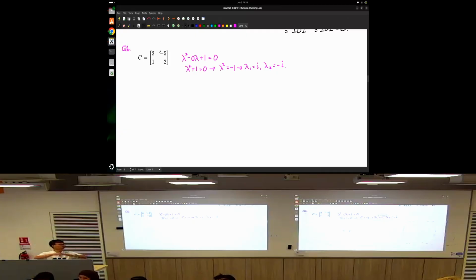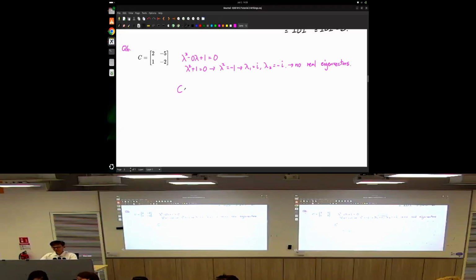Therefore, no real eigenvectors. But even though there are no real eigenvectors, we can still proceed to find the imaginary eigenvectors. Actually they are more generally complex eigenvectors. So let's look at how we can solve this.